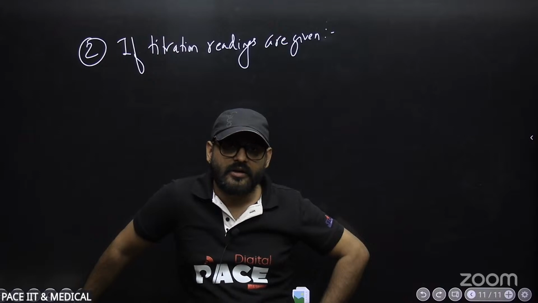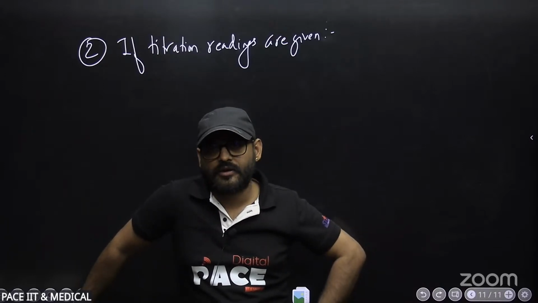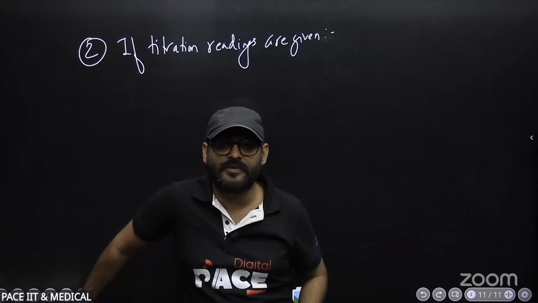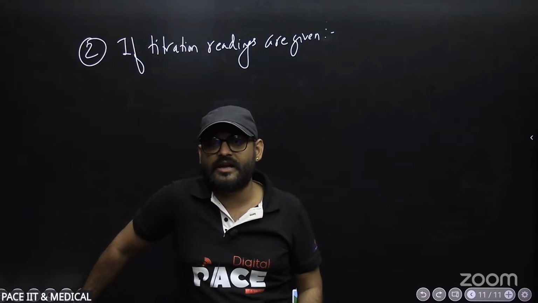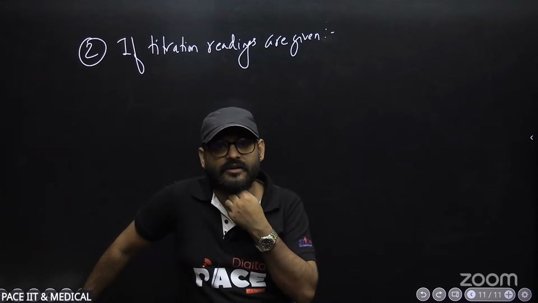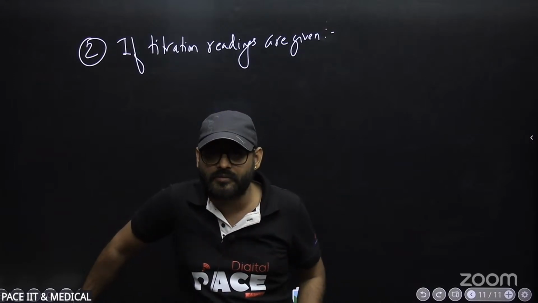In general, questions here will be from acid base titration or redox titration. You have covered volumetric analysis, redox reactions and the equivalent concept. You must have encountered redox reactions like KMnO4 or hypo solutions there, and acid base reactions you must have covered in ionic equilibrium.